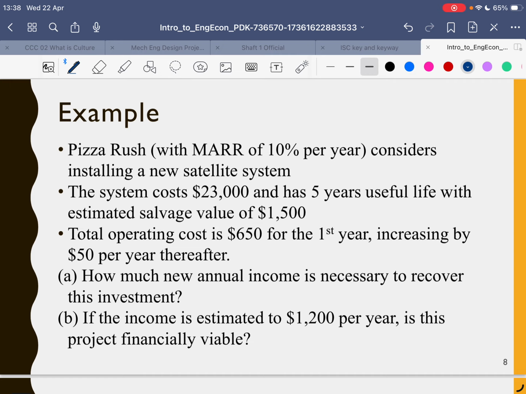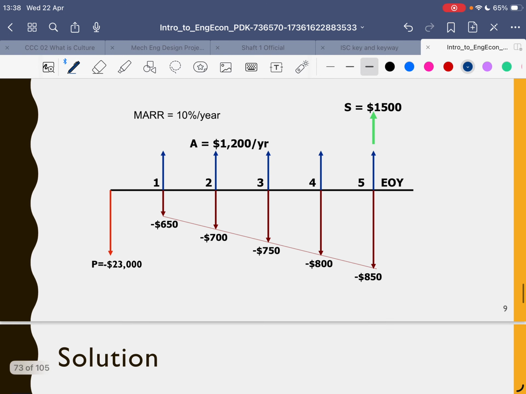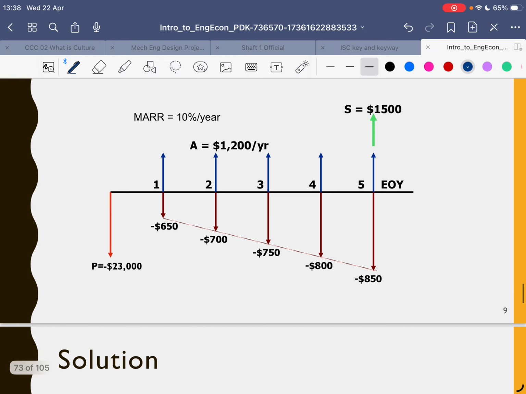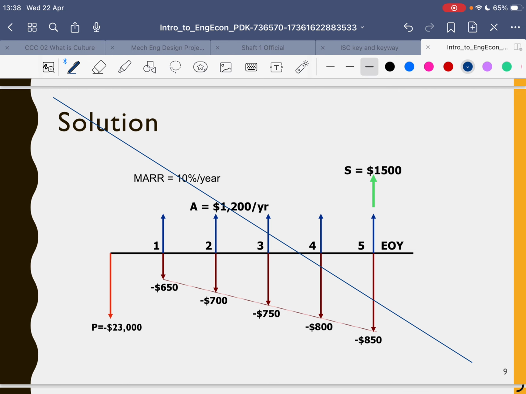It's beyond the content of this lecture because it has a growth rate, for example $15 per year, and that's not covered in this engineering management class, so you don't need to worry about it. If you read the engineering economy textbook, there's another variable, G, which stands for growth per year, but we are not covering that in this lecture.